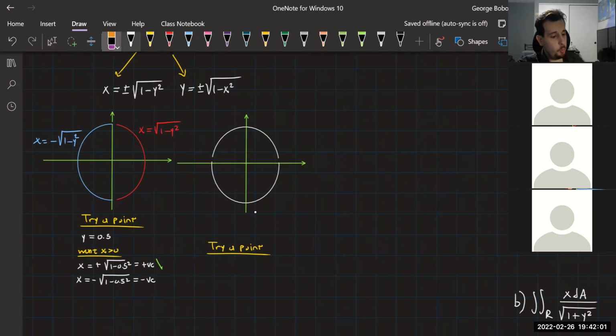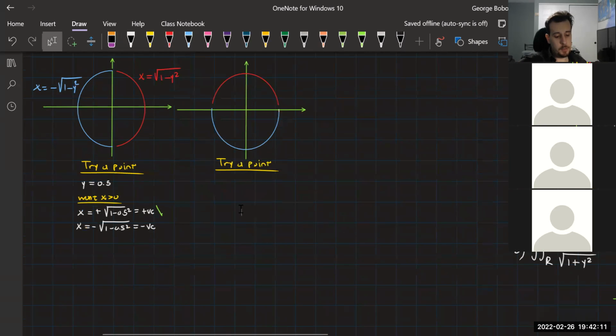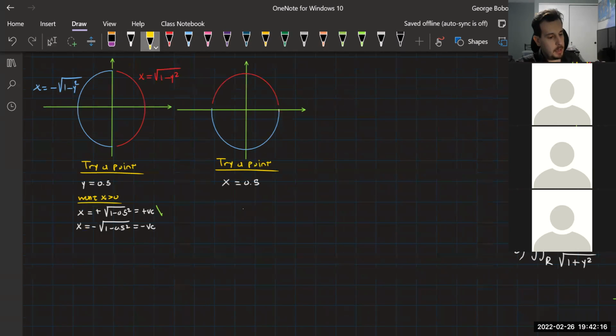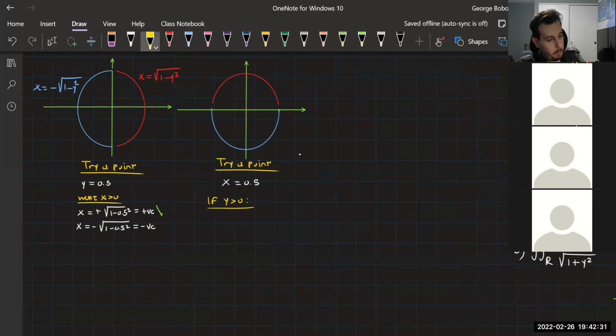You see? And then you're wondering which one's which again. Who's the positive, who's the negative, right? Okay, well, again, try a point. Let me try x here equals 2.5 again. If we want to be here, we want our y value for this part to be positive. If y needs to be greater than 0, I try this point and see what value it gives me for each of the branches.